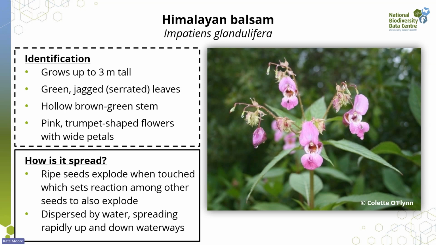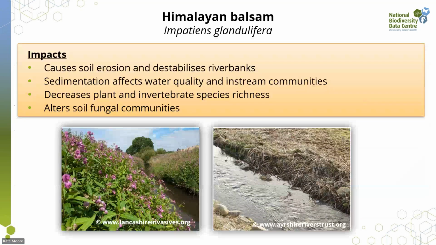The seeds are released from pods when touched. These seeds can be easily spread by waterways. When the plant dies back in winter, it leaves bare banks which are exposed to erosion. The sediment can end up in the river, impacting water quality and aquatic biodiversity. It's also known to impact fungi in the soil.